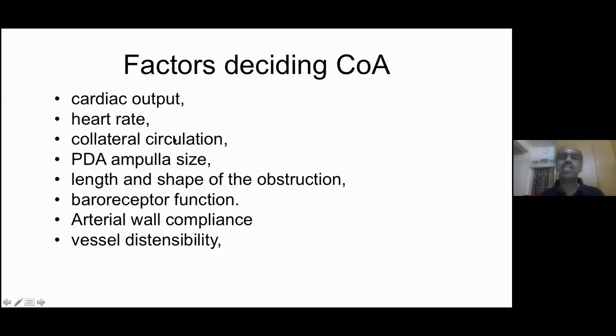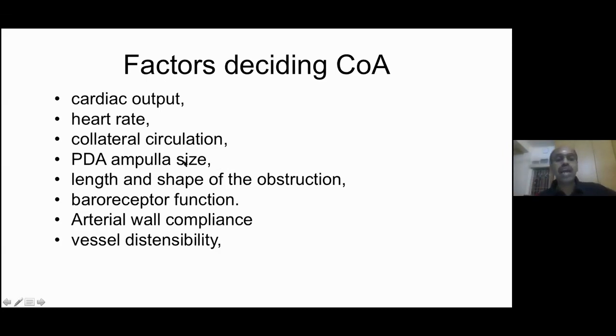Collateral circulation is easy to understand. A fetal coarctation is without collateral circulation, so they precipitously have heart failure. Adult coarctation is with enormous collateral circulation, and so these patients do not have a substantial hemodynamic disturbance. PDA ampulla size. A wide PDA ampulla in the presence of a posterior aortic shelf will allow the blood to still go through.